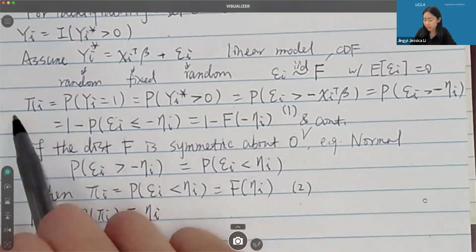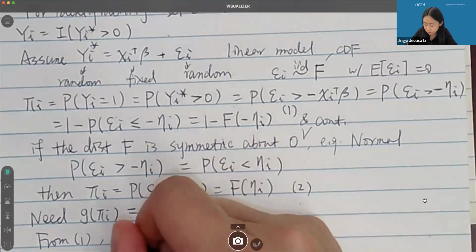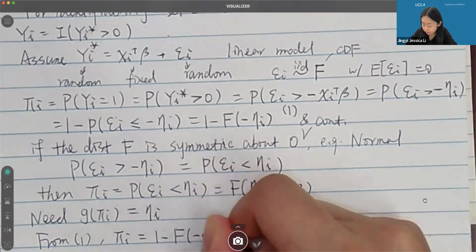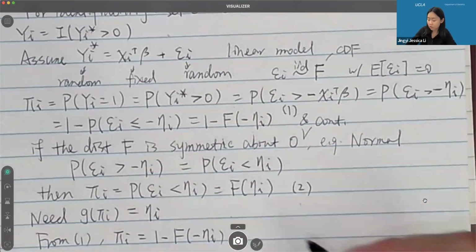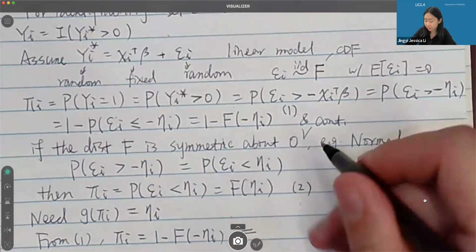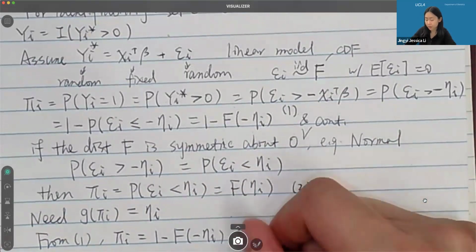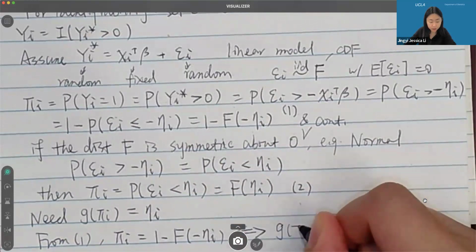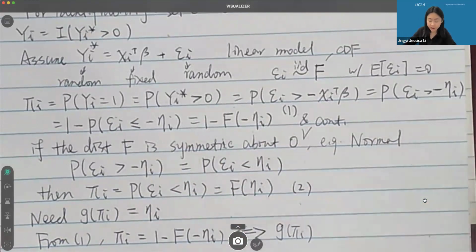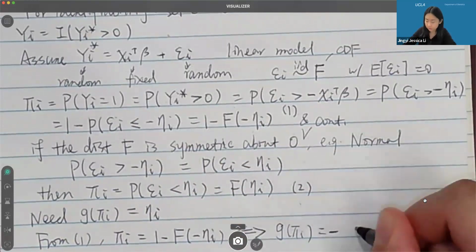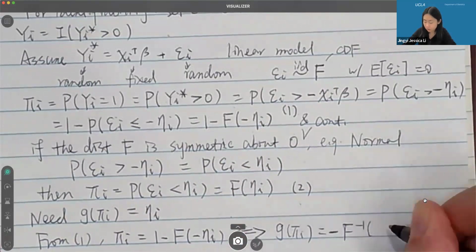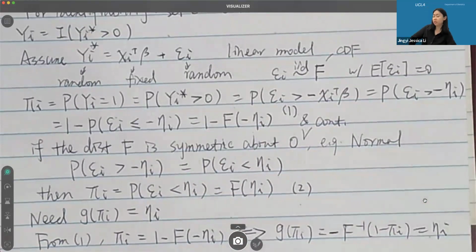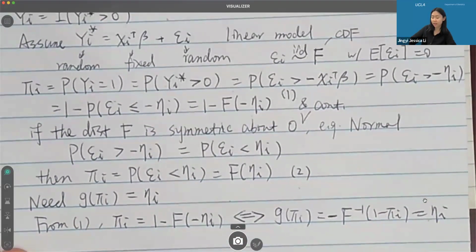For 1, I use it to solve for what is the pi I that gives me G of pi I, that will give me eta I. Basically, I'm solving pi I equals 1 minus F of negative eta I. Solving for eta I, it gives me G of pi I as negative F inverse of 1 minus pi I. That is eta I. So I have one G of pi I in this way.